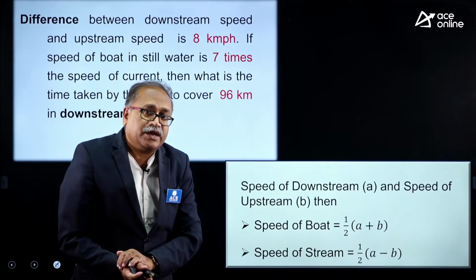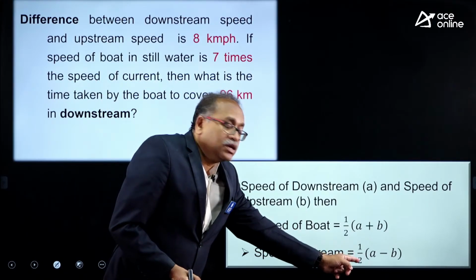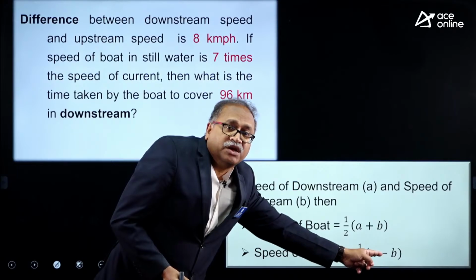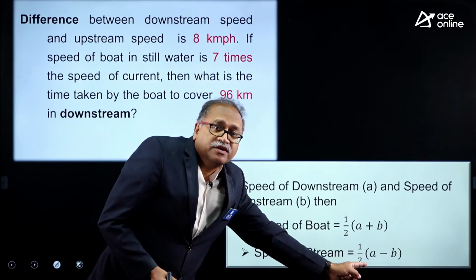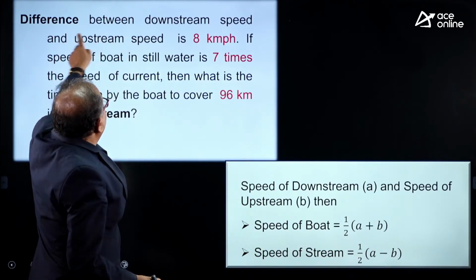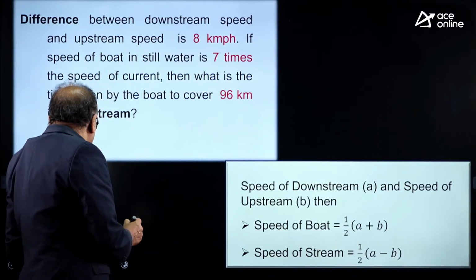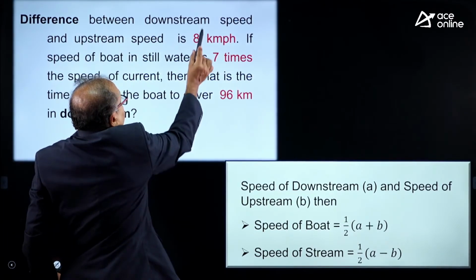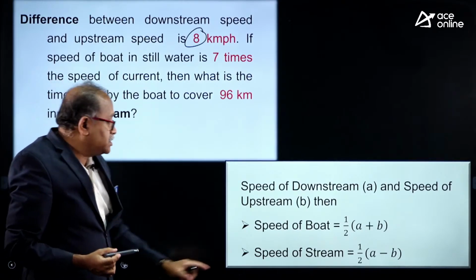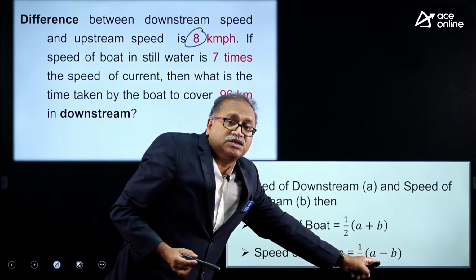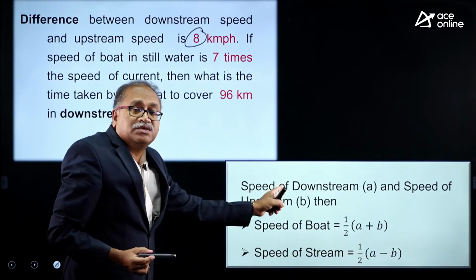What is the speed of current? The speed of current is half of the difference of upstream and downstream. So, here it is given to us that the difference between the speed downstream and upstream is 8 kilometers. The difference, a minus b, is given, the difference between downstream and upstream.